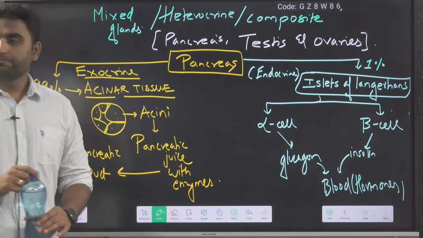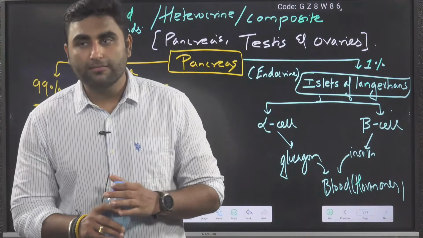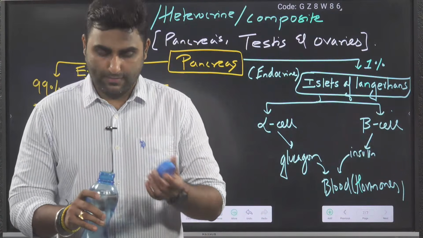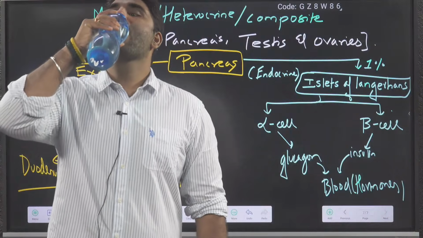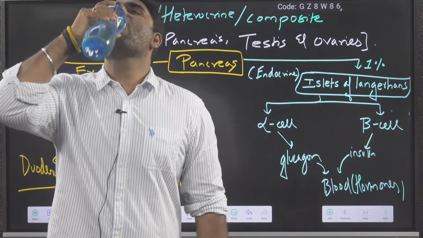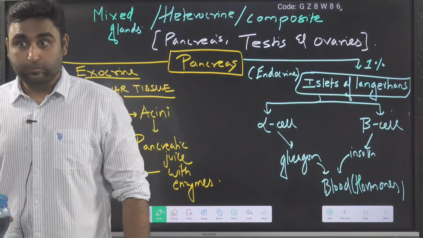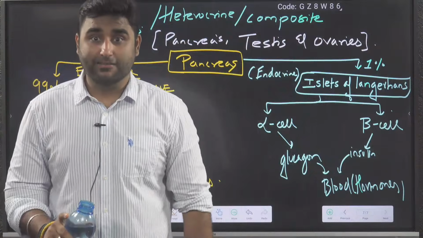Now you tell me, do sperms go in blood? Sperms are not released in blood. Ovum is not released in blood. They are traveling via duct system.